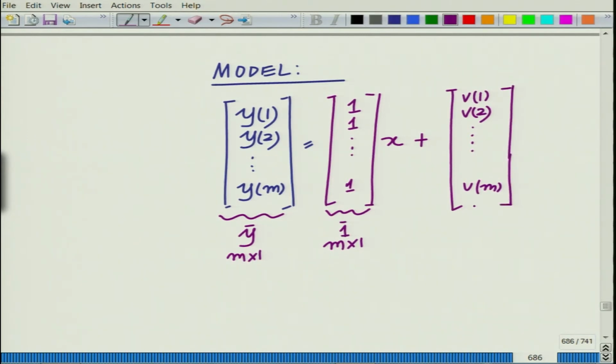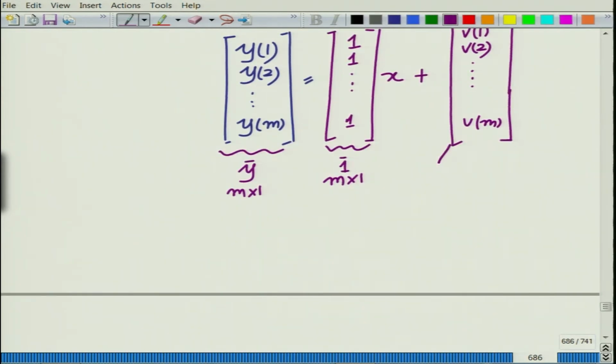So, this is the noise vector V bar, which is m cross 1. Let us call this your Gaussian noise vector.